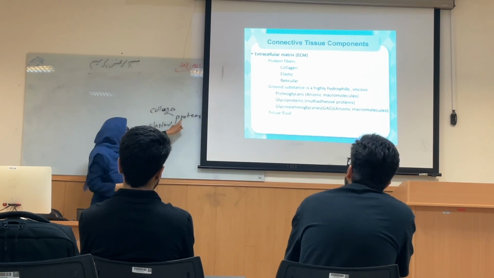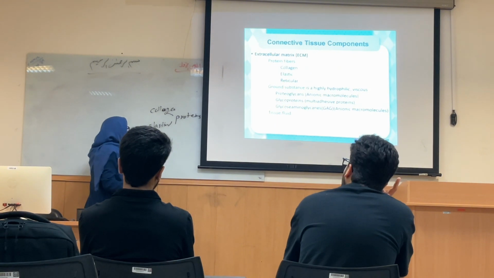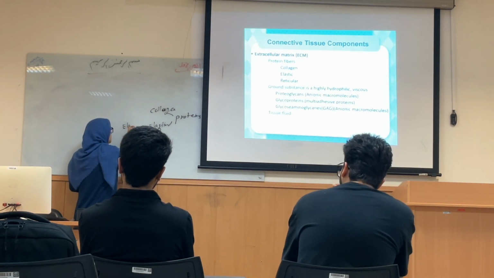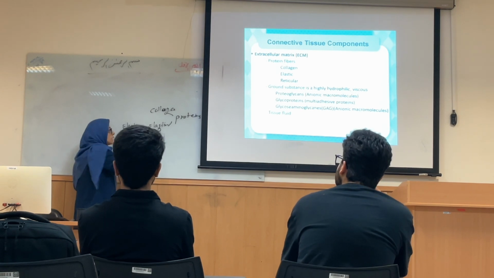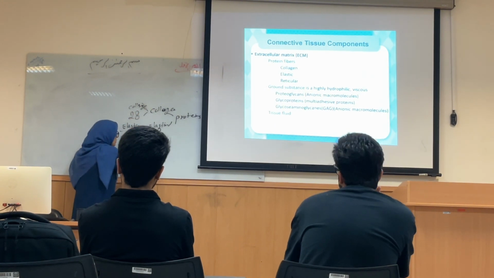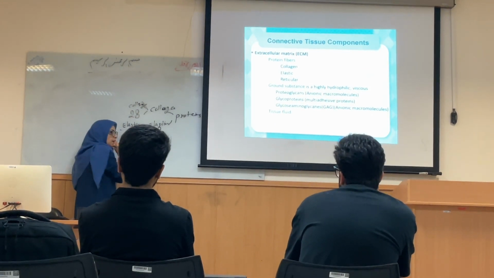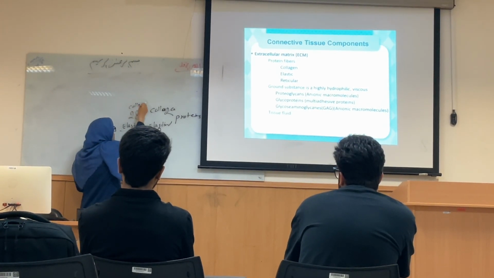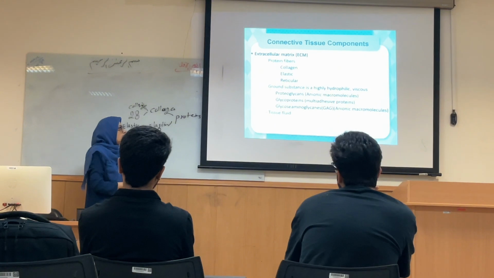Elastin proteins form the elastic fibers, and collagen proteins form the collagen fibers. Collagen has 28 types. The elastic fiber just has one mature form and the second one is immature. But the collagen fibers have a lot of types.